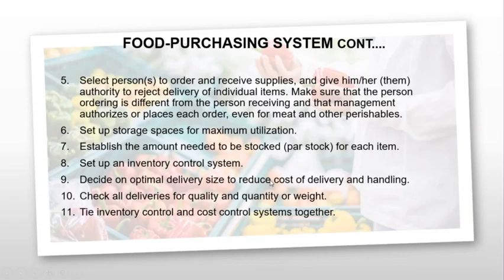Macam mana cara you nak reduce cost tu terpulang kepada you. Mungkin kalau kedai telur tu dekat, you tak payah ambil cost of delivery, you sendiri yang pergi ambil. Dan you juga kena tahu how to nak handle dia.